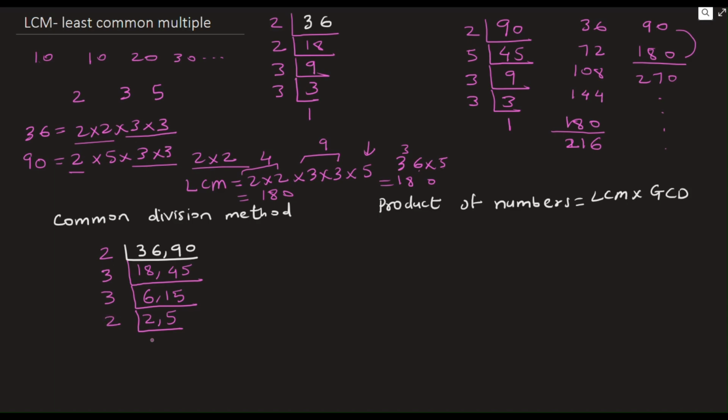Again I write down 2, 2 times 1 is 2, and 5 I write down as it is. Then 5 times 1 is 1. So I have 1 and 1 at the end, which is the last step, and the LCM is the multiplication of these numbers, which equals 180.